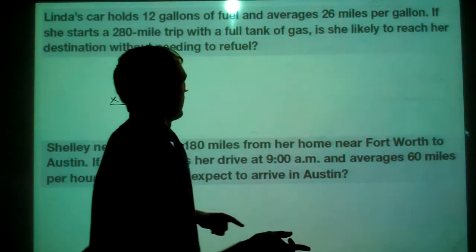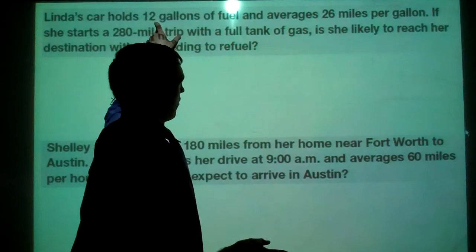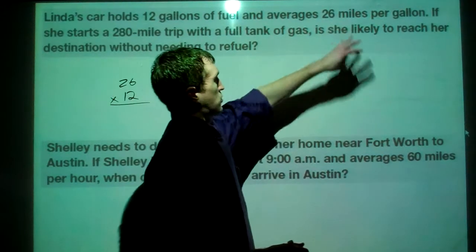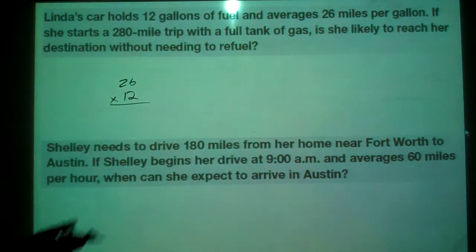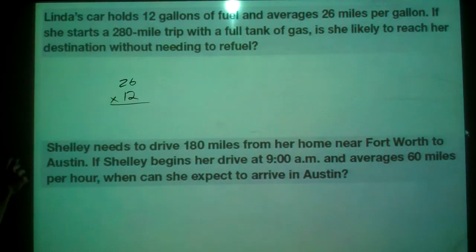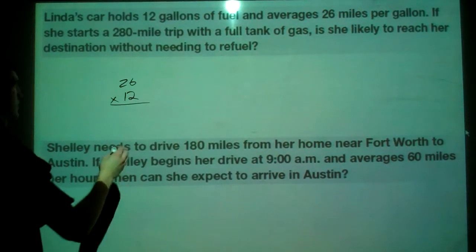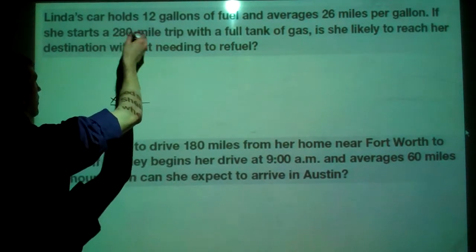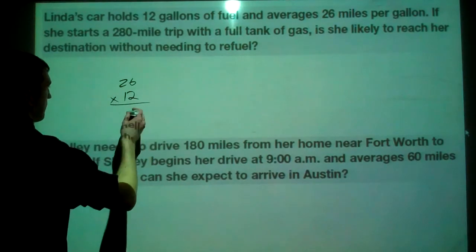So a full tank would mean there are 12 gallons of fuel and we're at 26 miles per gallon. So for each gallon we get 26 miles basically. So let's see if this comes out to get us to this destination.